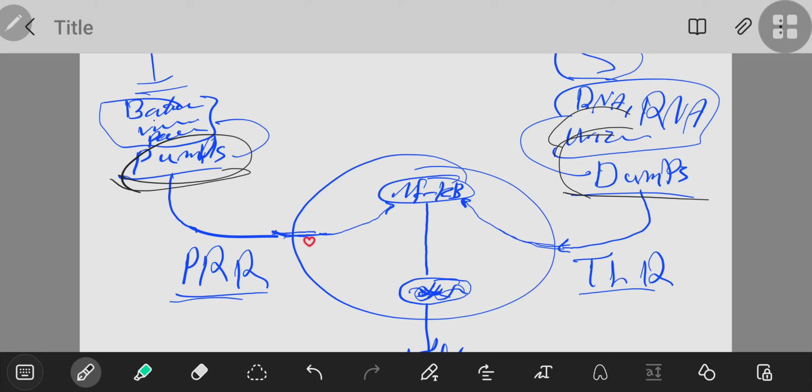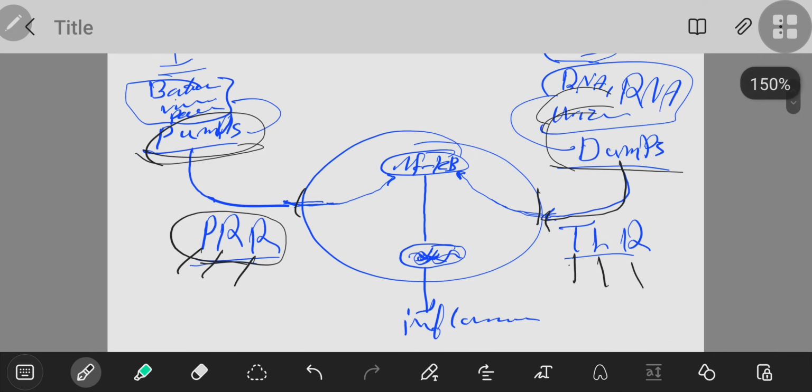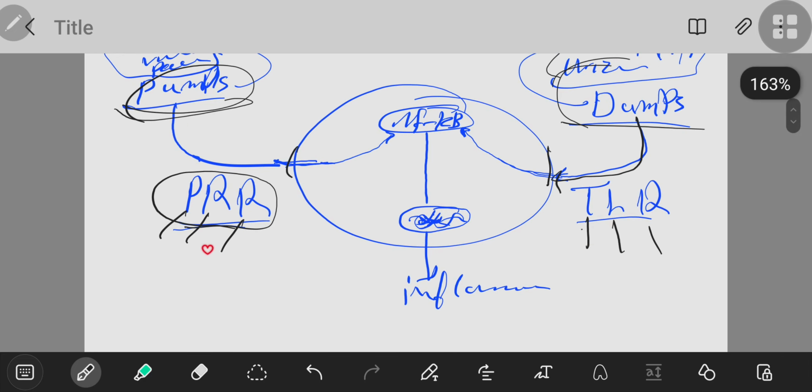When the bombs go to the cells, they have special receptors, pattern recognition receptors. When the dumps go to the cell, they also have special receptors, toll-like receptors. If you can remember the whole name of the receptors, that's good. If you couldn't, just say PRR or TLR receptors.